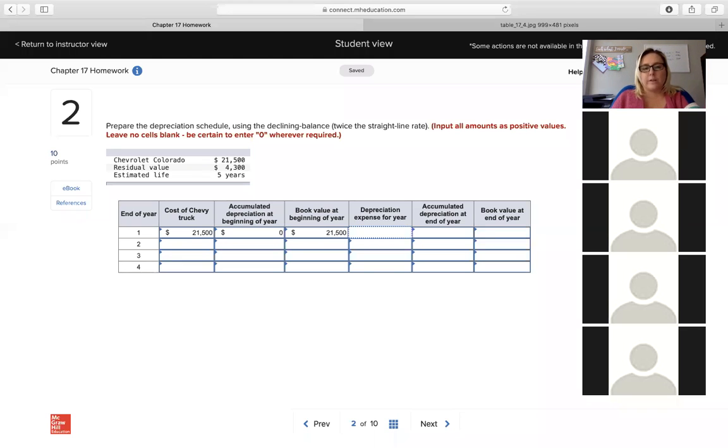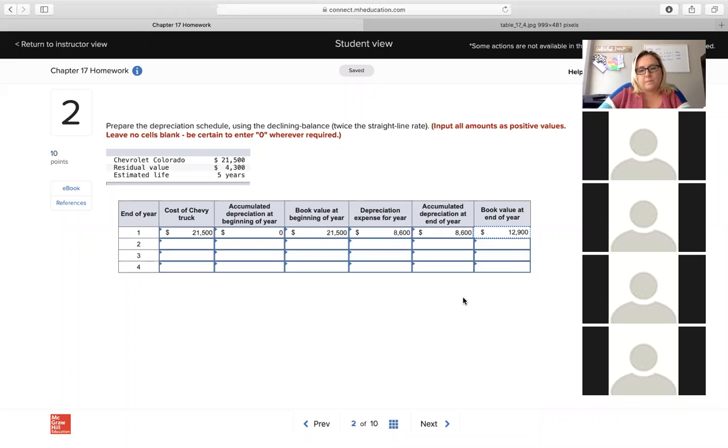So we need to double it for declining balance to 40%. So 40% of the book value at the beginning of the year is $8,600. Our accumulated depreciation at the end of the year is our beginning accumulated plus our depreciation expense for the year, which gives us $8,600. Book value at the end of the year is book value at the beginning of the year minus accumulated depreciation.